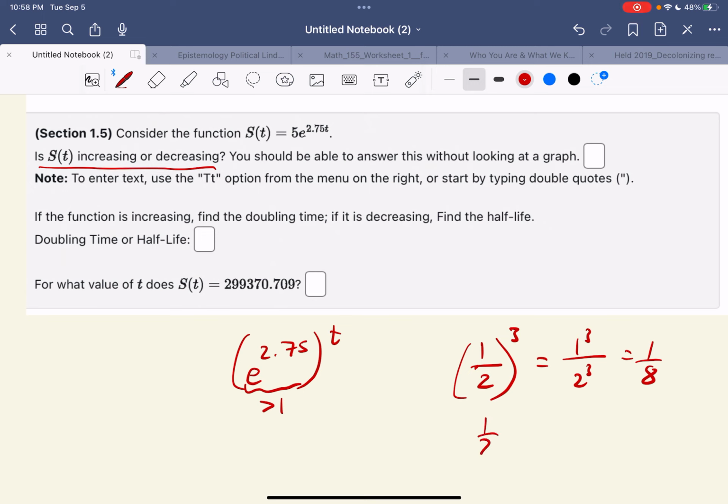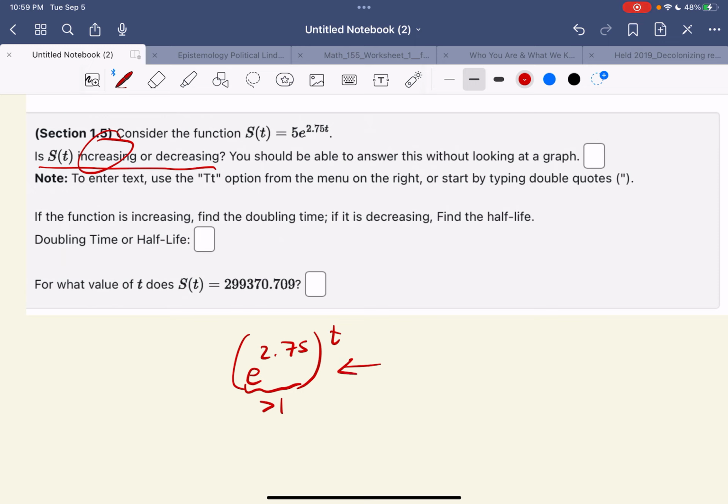And if I raise it to the 30th power, this is 1 over 2 to the 30. That's very, very tiny, okay? Depending on your calculator, it might not get there. So what's going to happen is it's going to increase, because the base is bigger than 1.